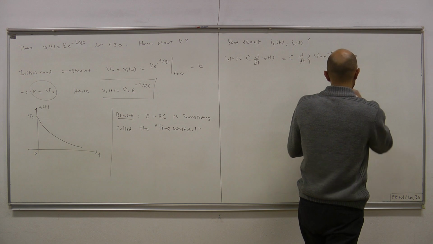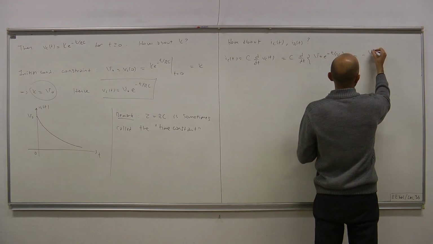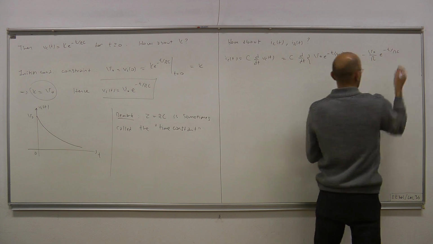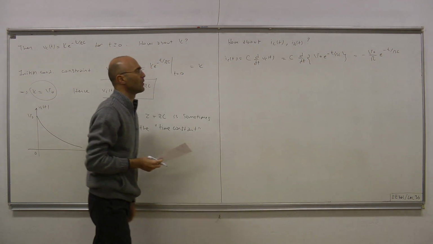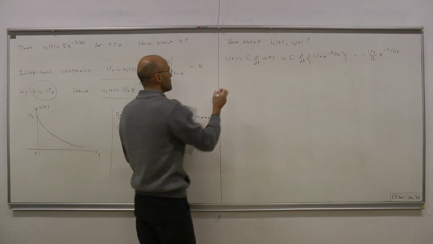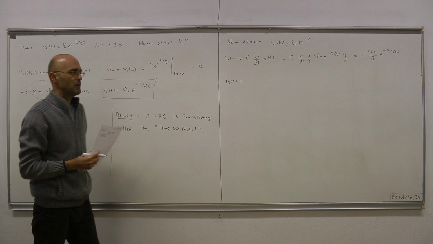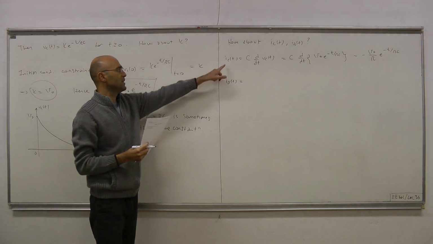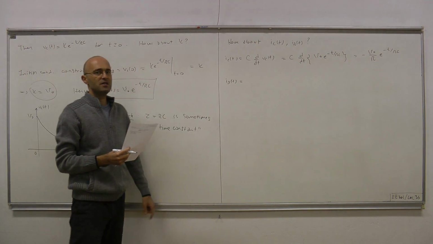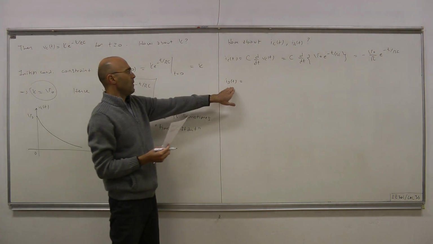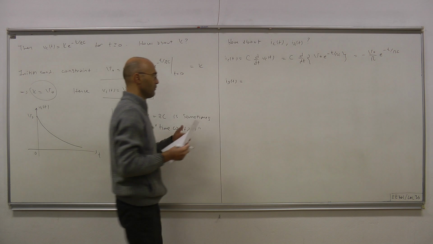So that yields minus V0 over R e to the minus t over RC. Okay, so that's ICT. How about IRT? Well, we know that by KCL it has to be minus ICT, but let's approach figuring out this current from a different point of view.